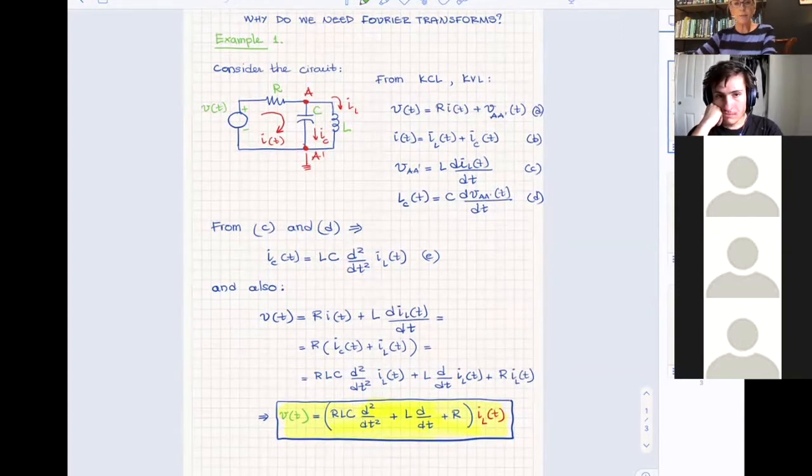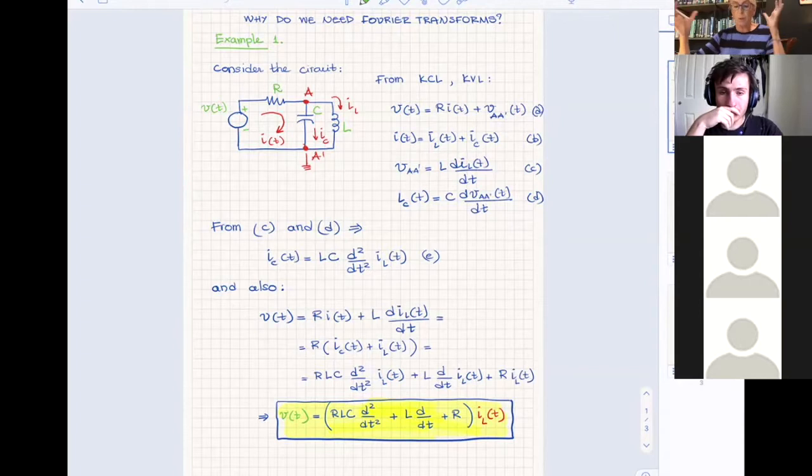So if you take this very simple RLC circuit, and then you write Kirchhoff's current law, KCL, and Kirchhoff's voltage law, KVL, you're going to come out with equations A, B, C, and D. These are the fundamental circuit equations for Ohm's law, including the capacitance and the inductance.